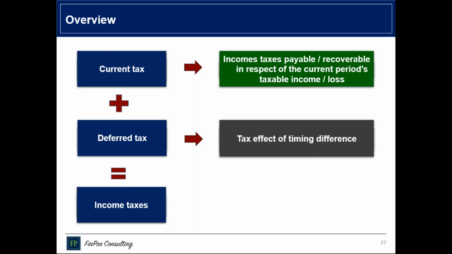In India, it will be governed by our Income Tax Act plus the Income Computation and Disclosure Standards, which are issued by CBDT under the Ministry of Finance. Both these laws or guidances will determine the current tax, and deferred tax will be determined by the provisions of this particular accounting standard.